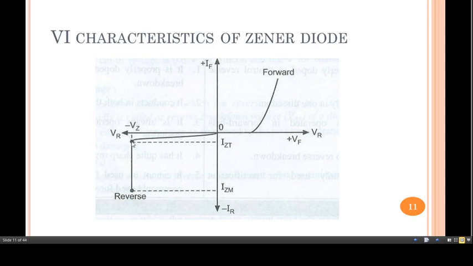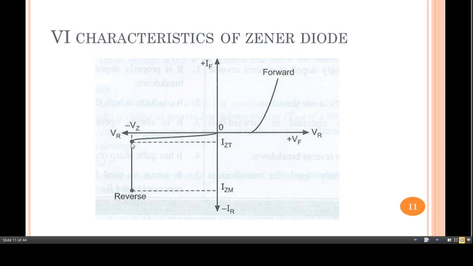Once that breakdown occurs, a constant voltage Vz will appear across the Zener diode, and here the current is given the range from minimum, Iz minimum, to the maximum, Iz maximum, and this particular region is called the Zener region.